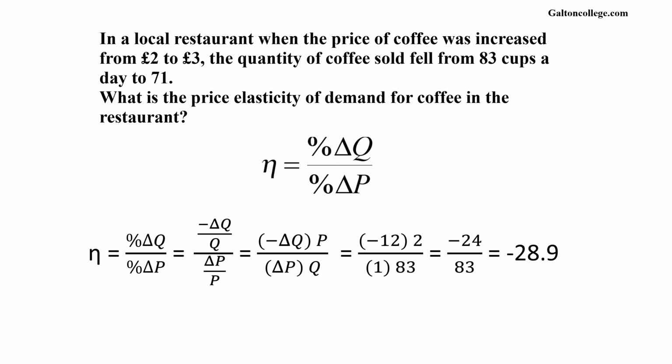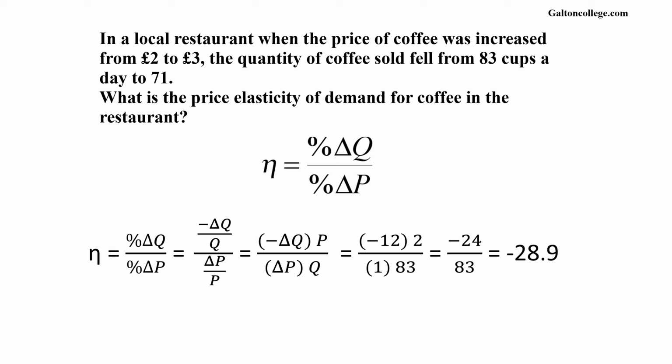So it's highly elastic. In other words, the amount of coffee sold in the shop is very sensitive to price. So was it a good idea to increase the price by a full pound? Perhaps they should have just increased it a very small amount if they could.